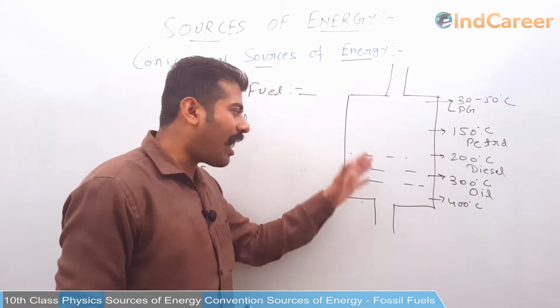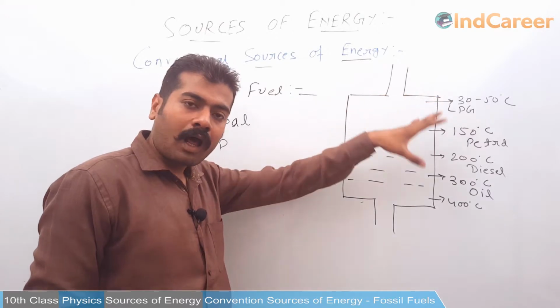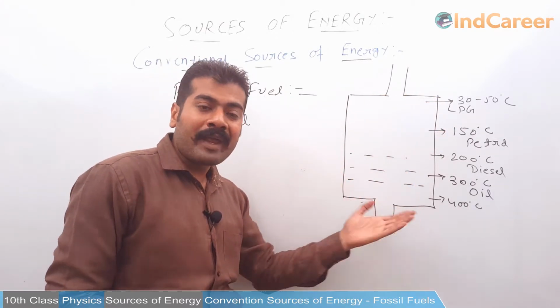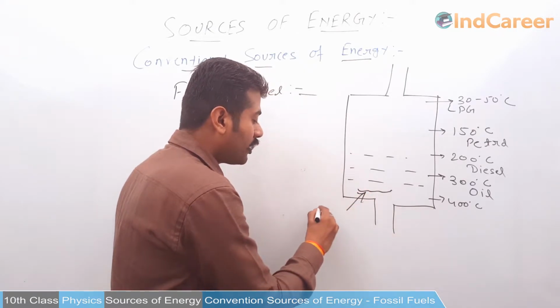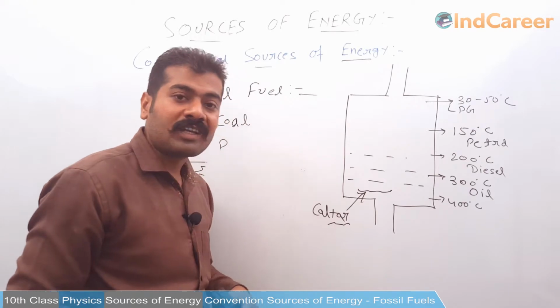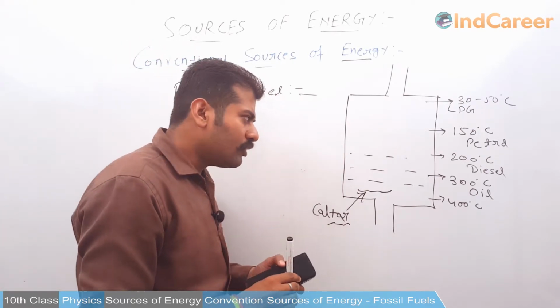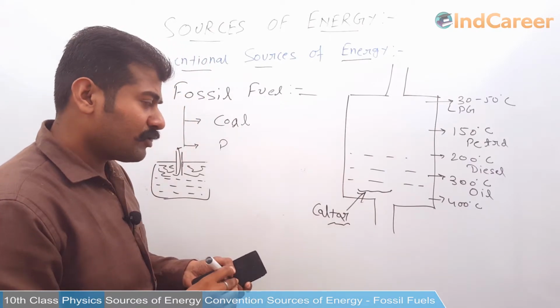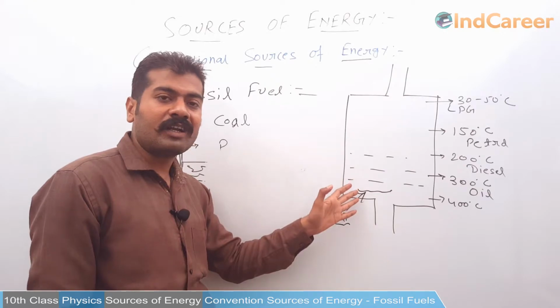At the end, when all these petroleum products are taken out, the residue remaining in the container is what we call coal tar, or in short, tar, and that is used to make roads. So this is a quick look at petroleum fractional distillation.